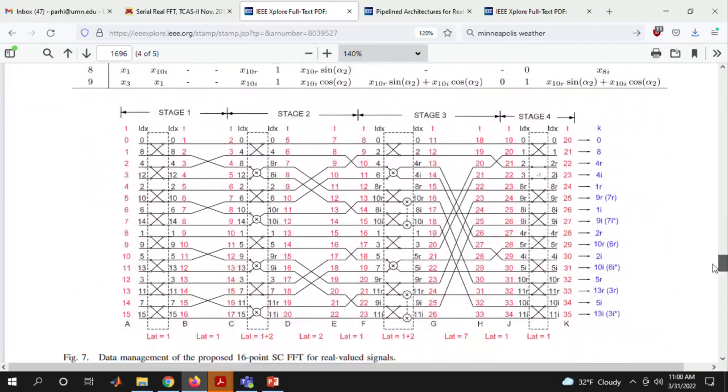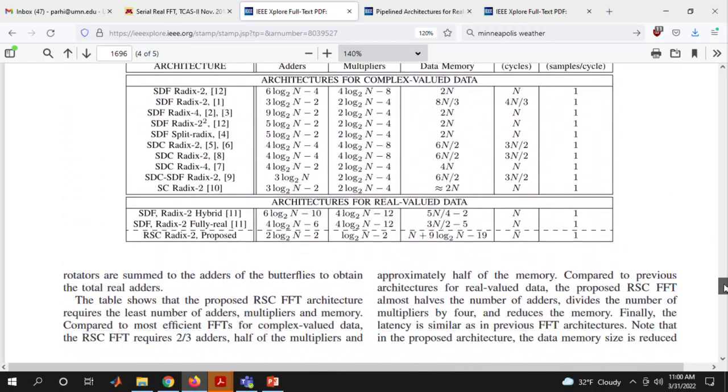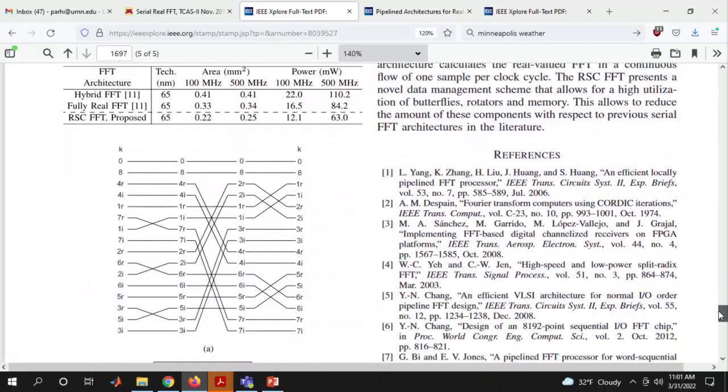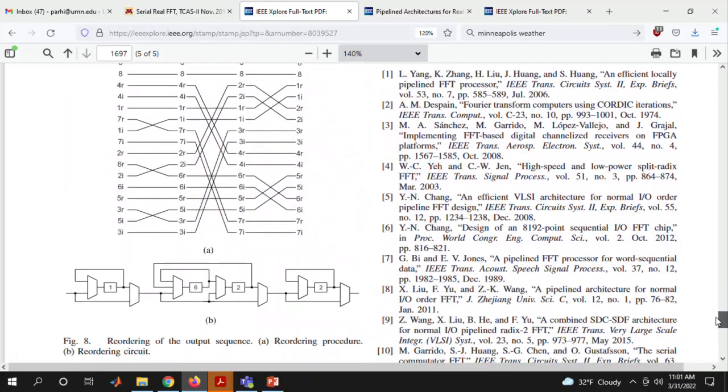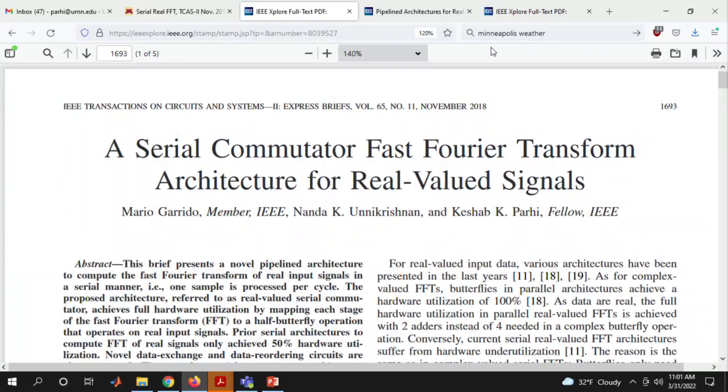There is a timing diagram like the one I have shown you before, showing which butterfly is executed in which clock cycle, that helps you understand what's going on. So that's the serial real FFT, and that's the reordering circuit. Okay, so that's a brief review of the FFT.